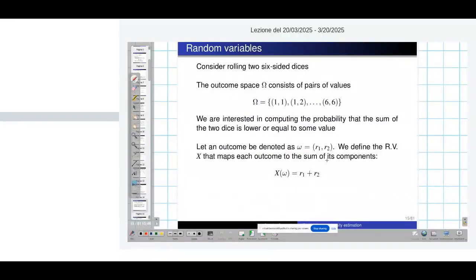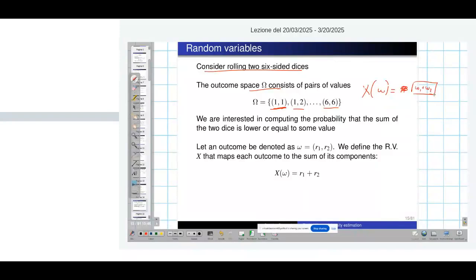Let's make an example that's easier. We roll 2 dice. The outcomes are all the possible combinations that I can obtain with the 2 dice. A random variable of this is the function that associates to each element of omega the sum of the 2 values of the dice.